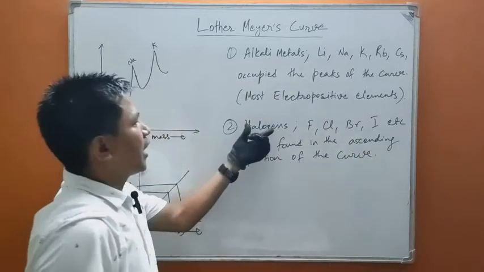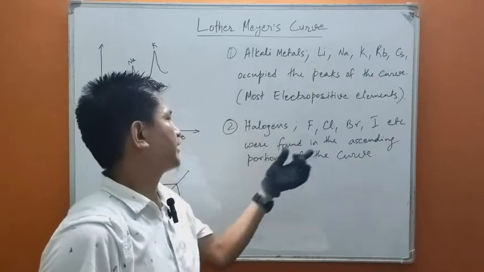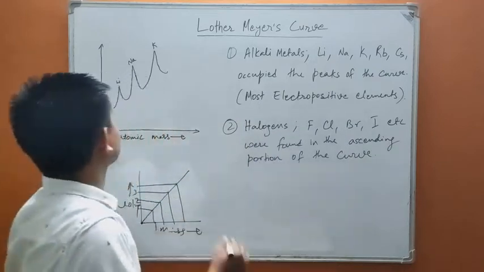Are you getting me? Halogens, fluorine, chlorine, bromine, iodine, etc. were found in the ascending portion of the curve.